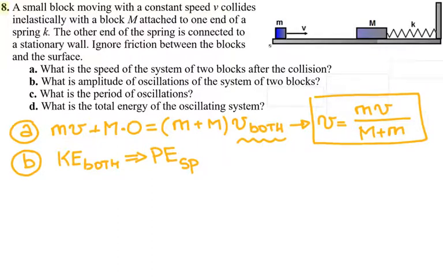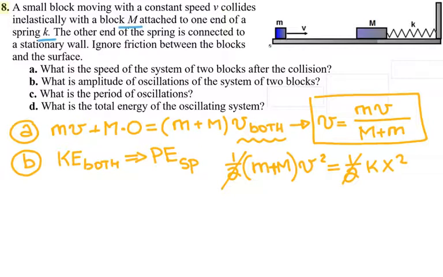So the kinetic energy of both is 1/2 their masses together, and the velocity that I just found squared, and that is equal to 1/2 k x squared, and I can cancel 1/2 from both sides.